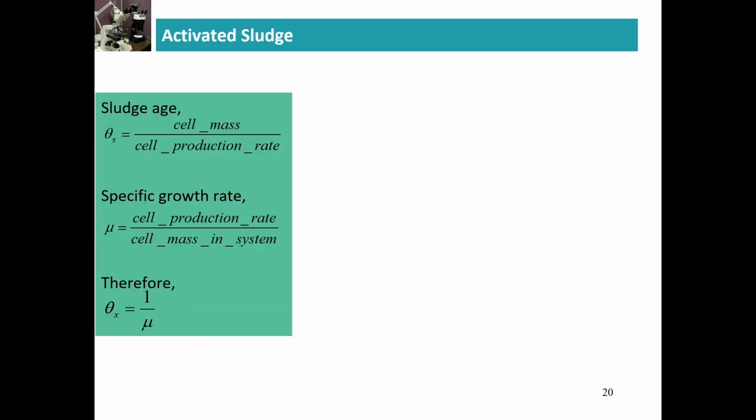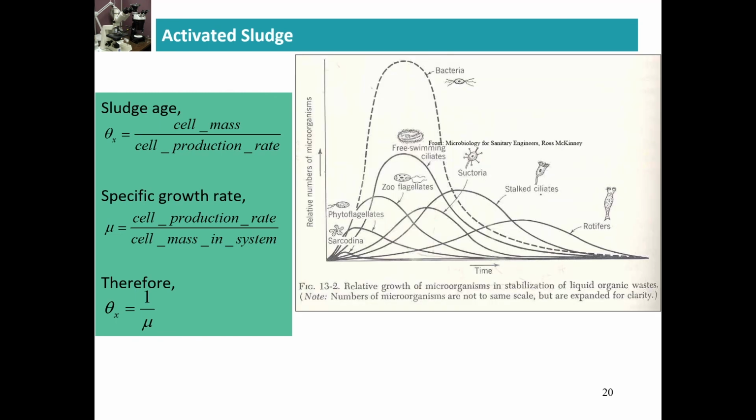In activated sludge, we can define a sludge age as cell mass over cell production rate, and we have the specific growth rate as well. So it is basically the reciprocal of mu, as you can see. In this graph, you'll also see the relative number of microorganisms through time in an activated sludge, and you can see that different microorganisms are dominant at different stages of activated sludge age.